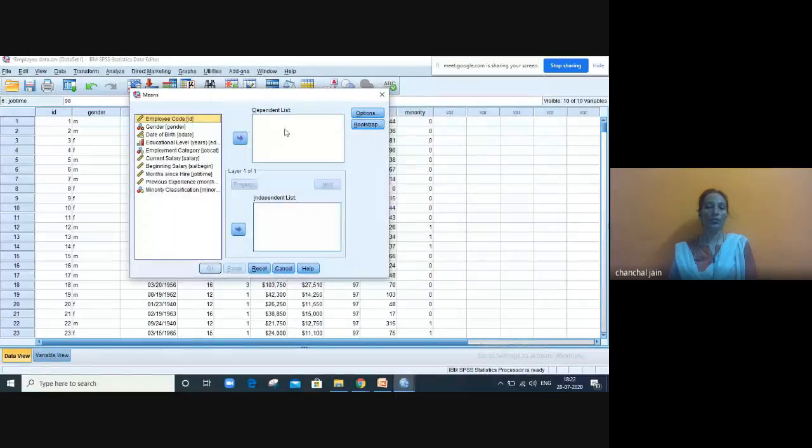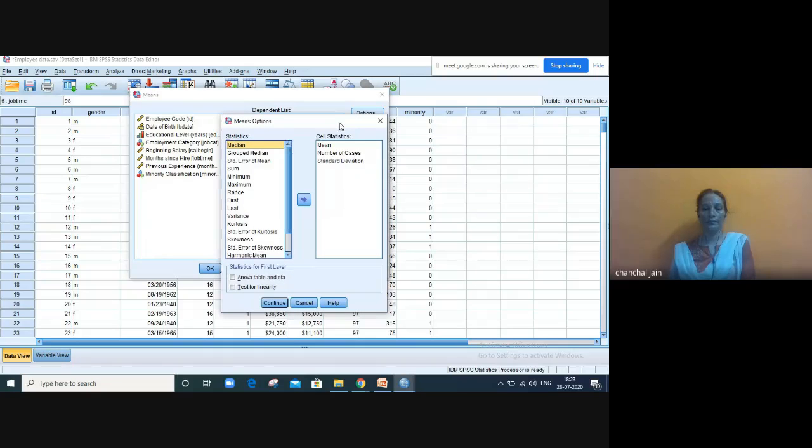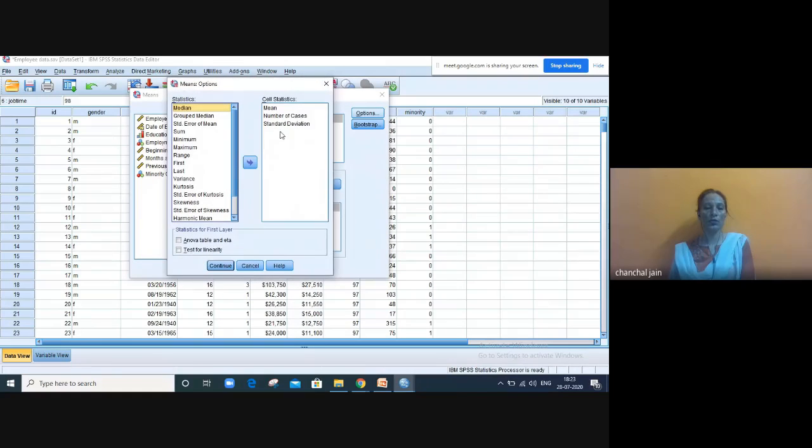Now we need to shift the dependent and independent variables. Select your dependent variable, the current salary, and shift it to the dependent list box. Then select your independent variable and shift it to the independent list, and click on the options button. You can see these statistics are there by default in SPSS, but we are not interested in any of them.